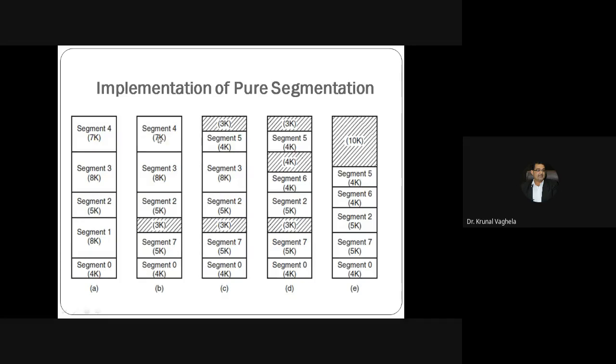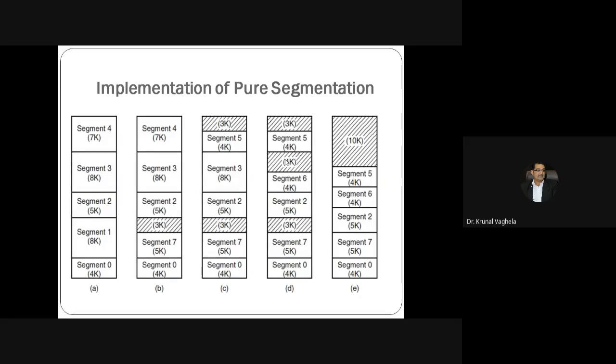Say it decides on this segment. The total is 7K and segment 5 is 4K, so out of 7, 4 is occupied and 3 remain unused. In the same way, after some time segment 6 will come, so the operating system decides this segment goes out, and 4K will be unused.